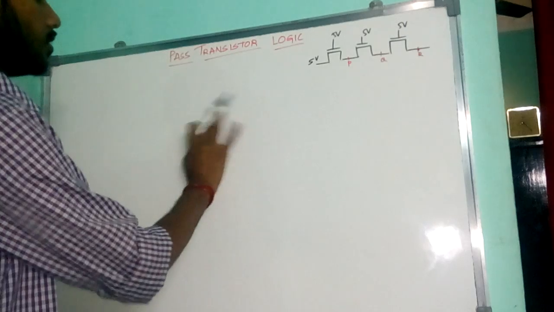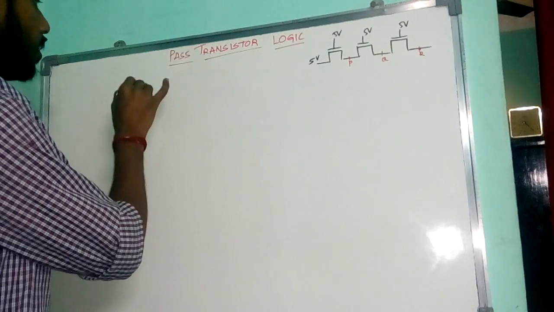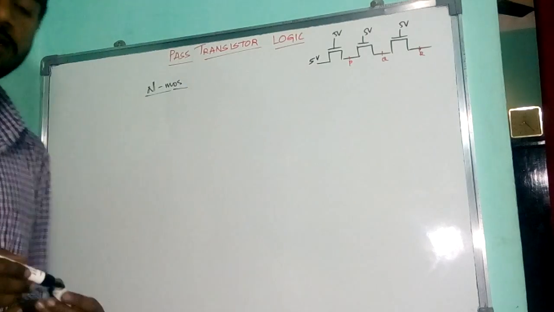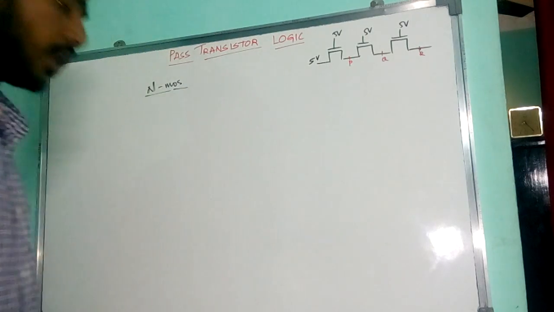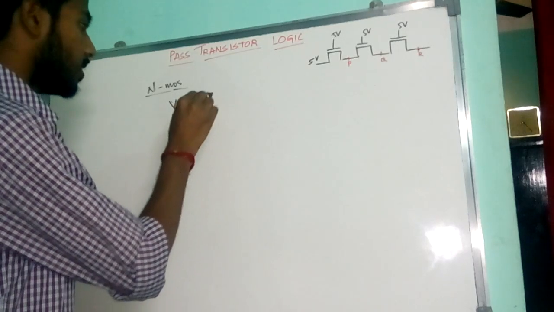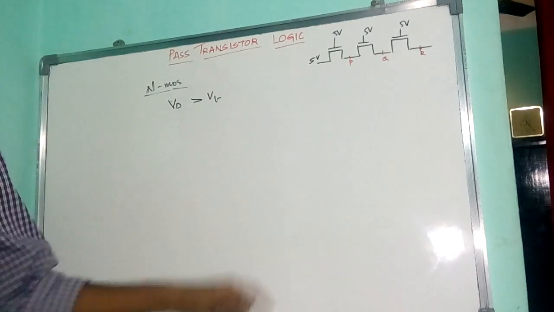Suppose I consider the transistors to be NMOS. So for NMOS, whenever my VD is greater than VT, my transistor is on.